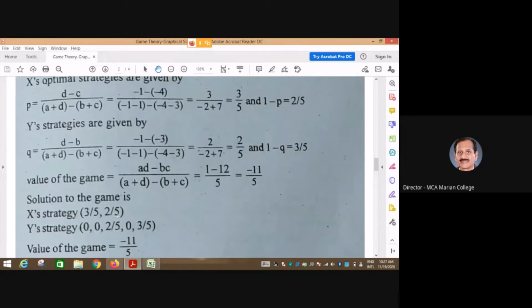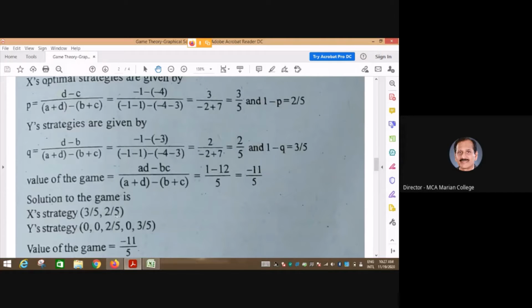By using the graphical solution, we have reduced the matrix into a 2 by 2 matrix. So for all the other 3 strategies, the probability is 0, and only for third strategy and fifth strategy, we have the values 2 by 5 and 3 by 5, Q and 1 minus Q. So Y will not choose first strategy, will not choose second strategy, and will choose the third strategy with a probability 2 by 5.